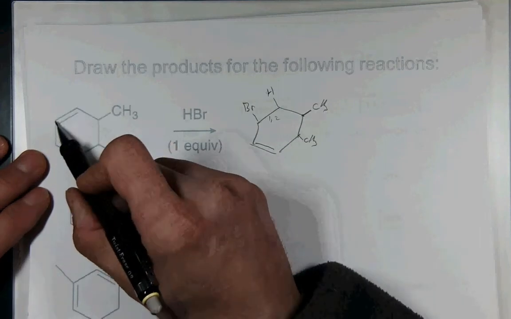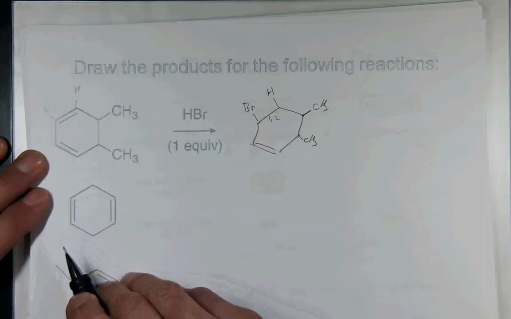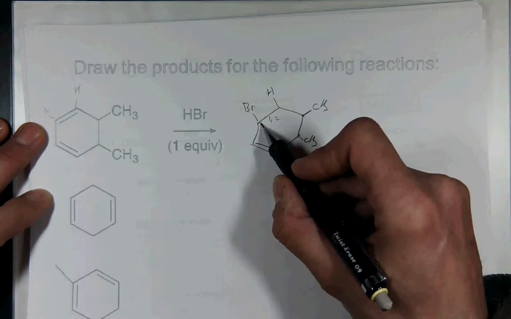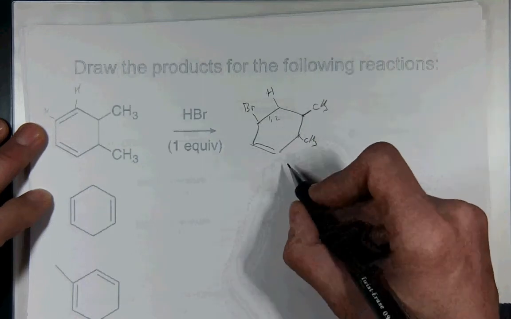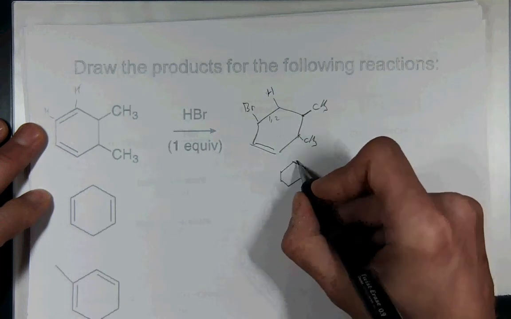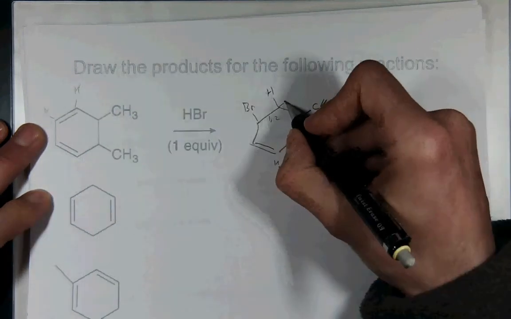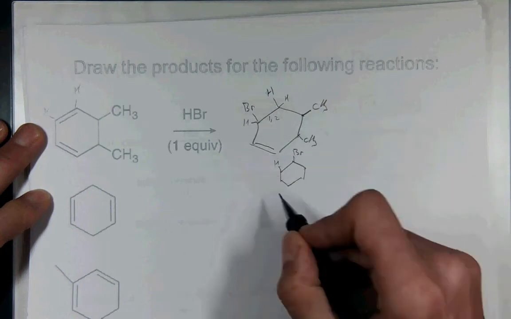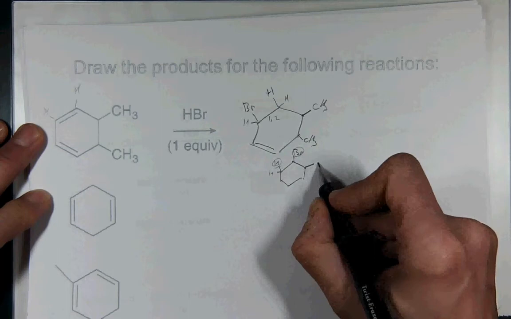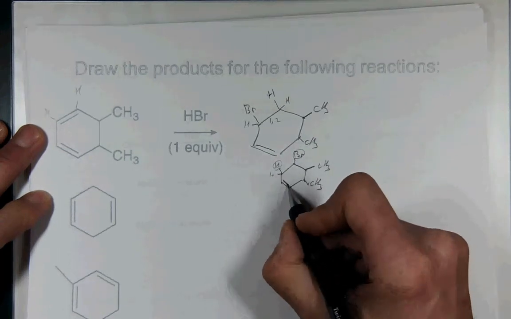Now, Markovnikov's rule doesn't come into play here because there's one hydrogen on each one of these carbons. So we could get this guy, and we also get, I made him too big, but I'll put him down here, we could get this one. Actually, there would be 2 hydrogens here now. So those are both 1,2 products. That double bond stays.